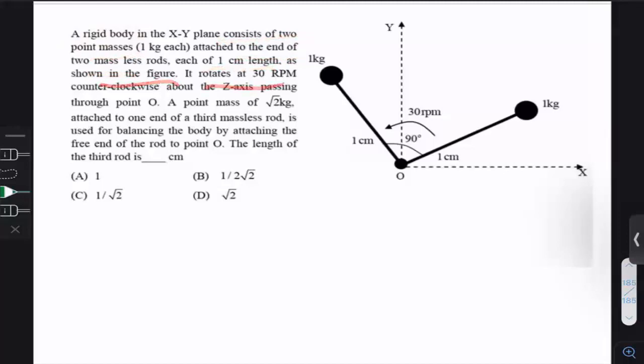It rotates at 30 rpm clockwise about the axis. A point mass of root 2 kg is attached to one end of a third massless rod, used for balancing the body by attaching the free end of the rod at the point. The length of the rod, that means the radius, is asked in this problem.